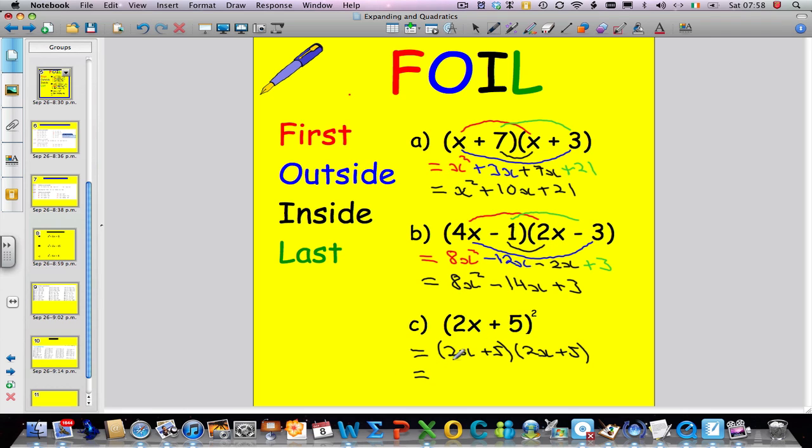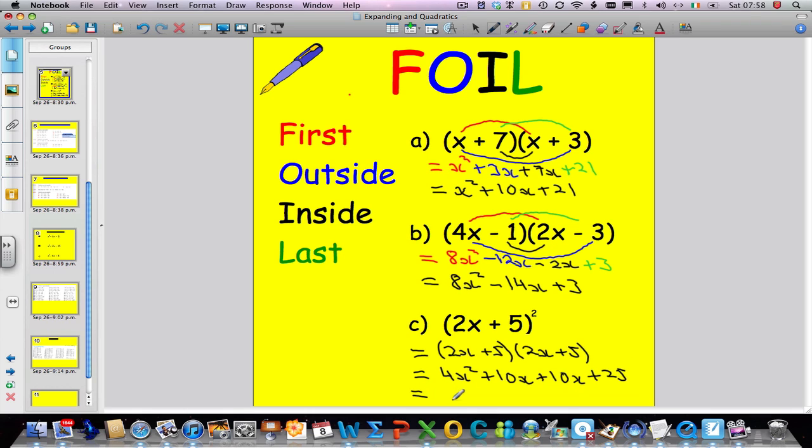When I do the first terms, it's 2x times 2x gives me 4x squared. 2x, so we're doing the outside terms now, 2x times 5 gives me plus 10x. 5 times 2x gives me plus 10x. And then the last terms, 5 times 5 gives me plus 25.